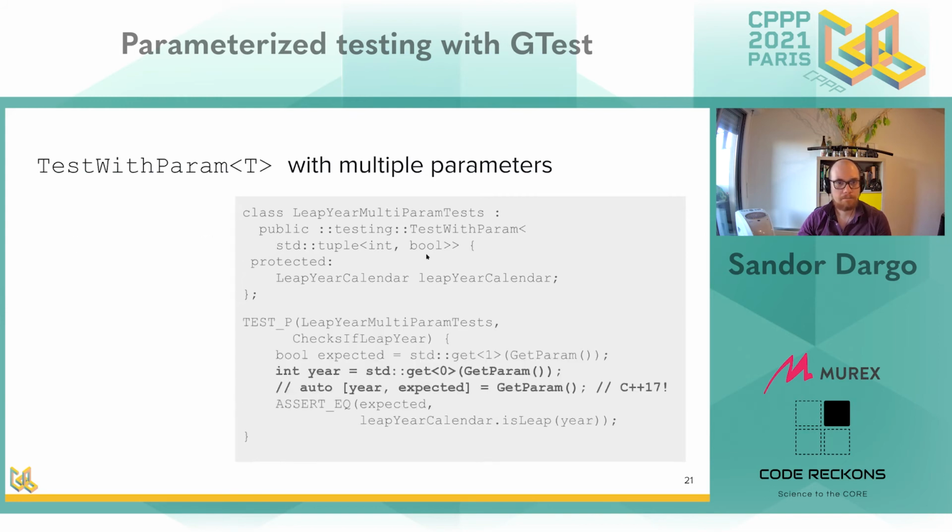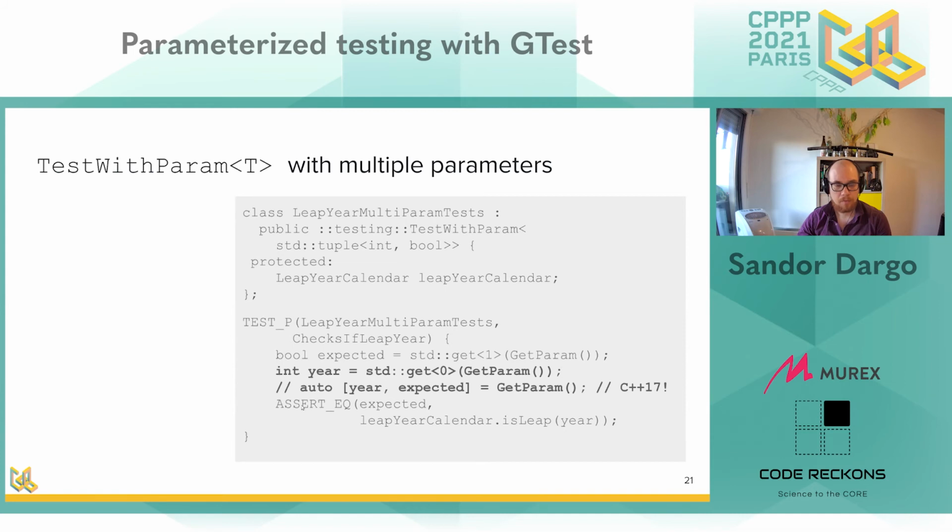And then you still use GetParam to get the right value, but use std::get with the right index to get the right value out of the param. So here what you can see is that at position 0, we get the year, and in position 1, we get the expected value.